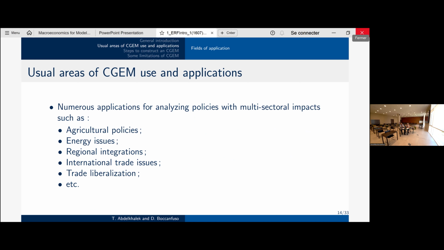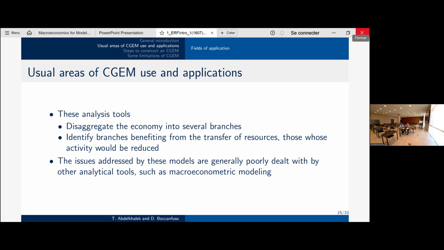It can be in agriculture policy, in energy issues, in regional integration, in international trade. Many of you are working on international trade, to analyze the impact of trade liberalization on sectors, on poverty, on sectoral analysis. So in this situation, we can use a CGE model.